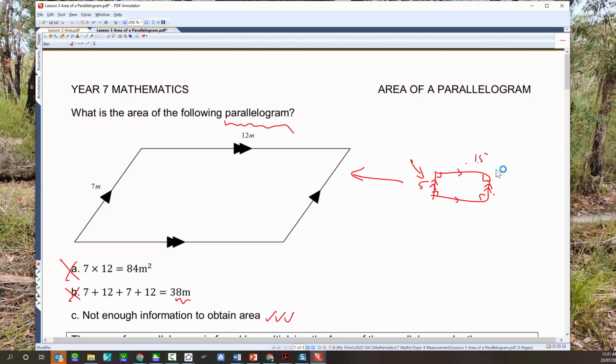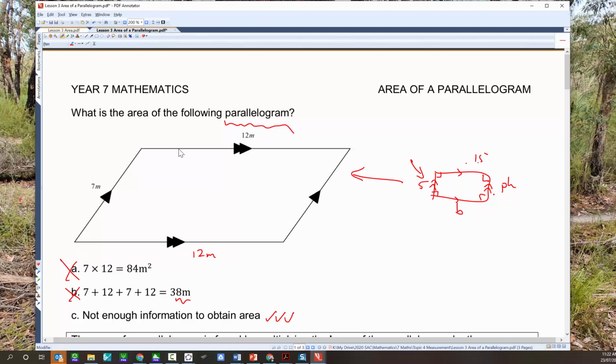Let's go back and reflect on how we were calculating the area of a rectangle. We were doing the base times the perpendicular height. Remember, the height runs at right angles to the base. Now over here, if this is our base, which let's say is 12, what is the height? See this measurement here? This is actually the side length. It is not the height.